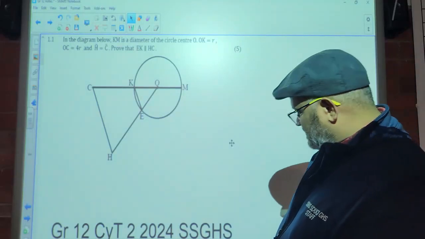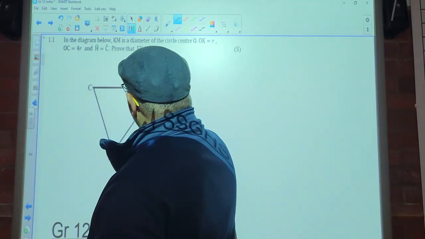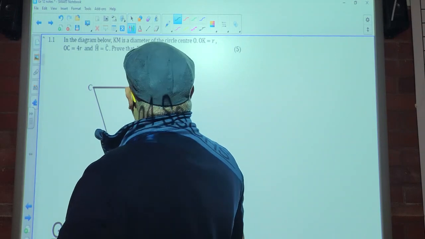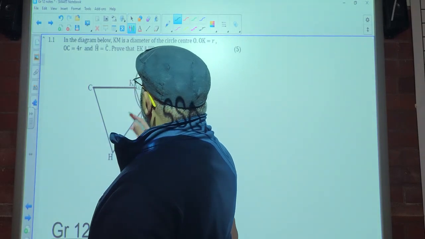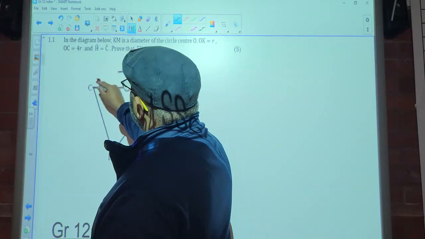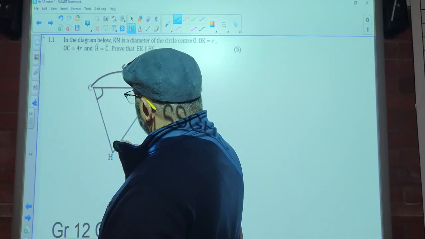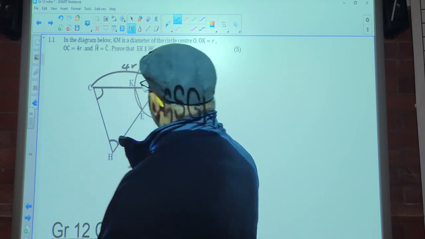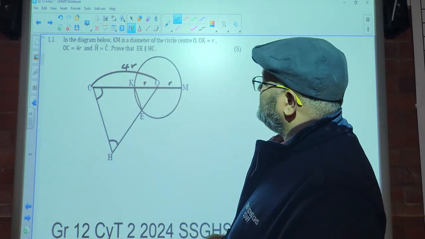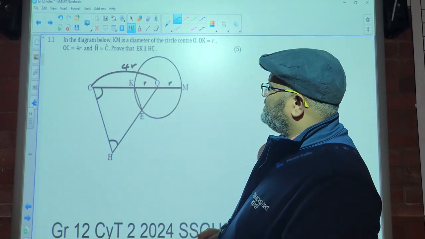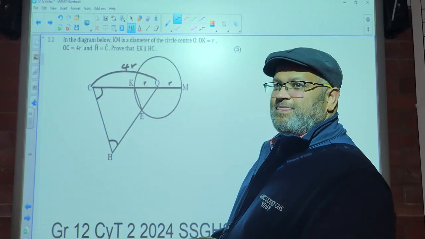OK is R, then OM is also R. Okay. Then we are told that OC is 4R. Then we are told that angle C is equal to angle H. Must prove that EK is parallel to HC.